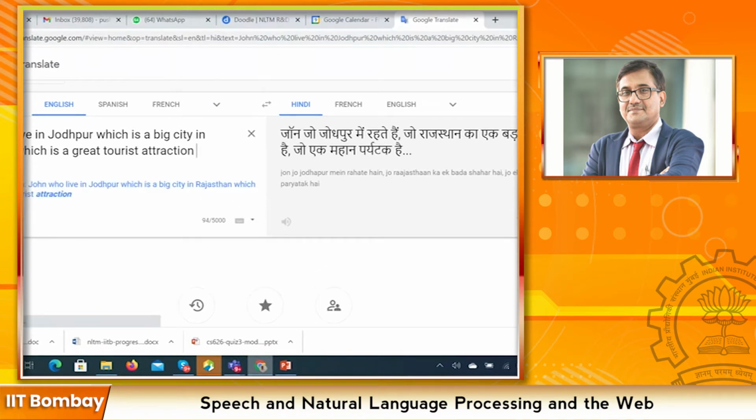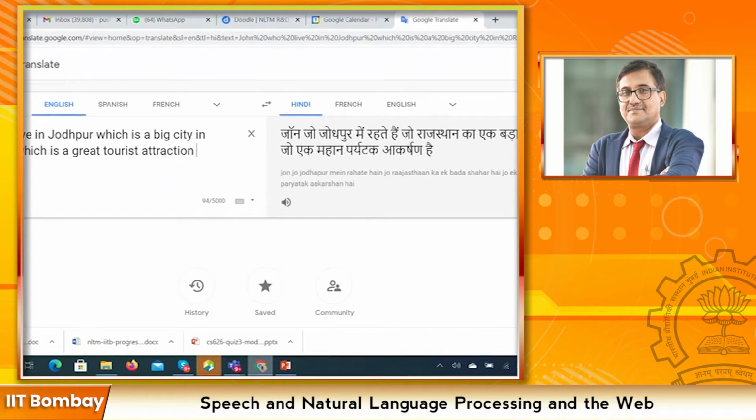So you see, it keeps on attempting to translate part by part, and produces something at a point of time which may not be the right translation. Now let's see what it has produced so far. जॉन जो जोधपुर में रहता है, जो राजस्थान का एक बड़ा शहर है, जो एक महान पर्यटक आकर्षण है. So far so good.